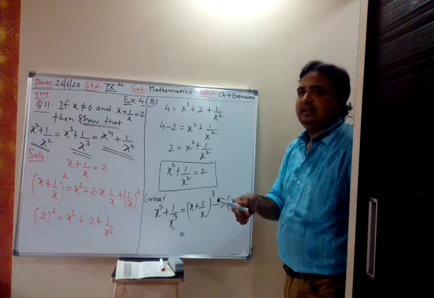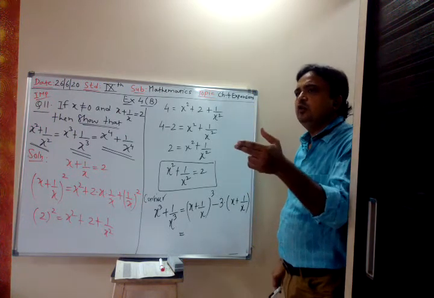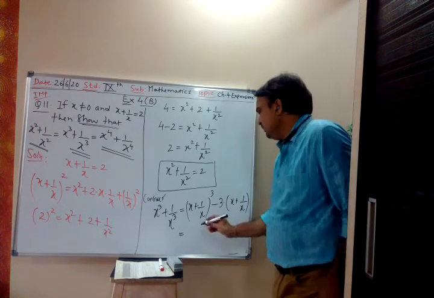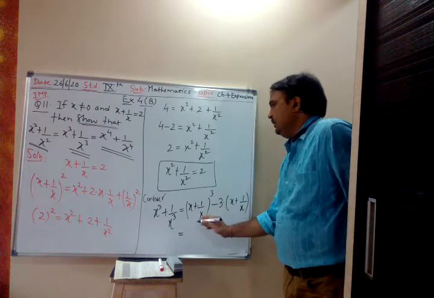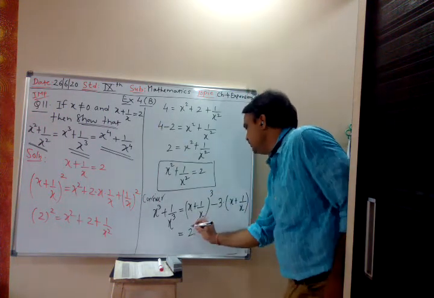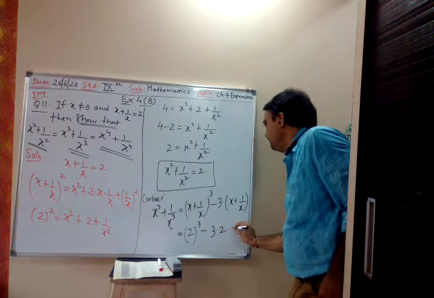You have to consider x plus 1 upon x whole cube and use the formula of a plus b whole cube. So x plus 1 upon x, this value is given 2. So this is 2 cube minus 3 into x plus 1 upon x is 2.